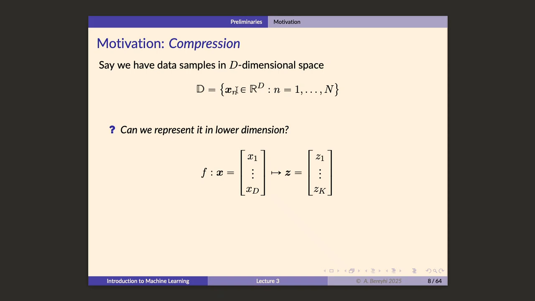So get the d-dimensional vector, drop d minus k different entries, then you have a k-dimensional vector, right? So it's not only that I'm going to just drop the dimension, I want to preserve information, meaning that if I look at z, I still can understand the same thing that I would understand from x.